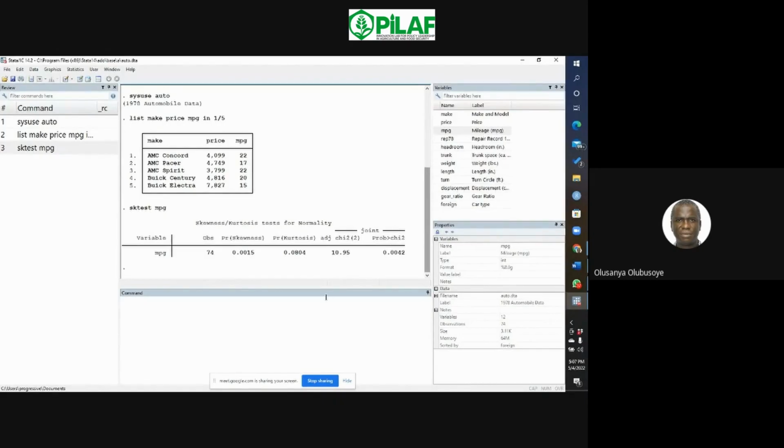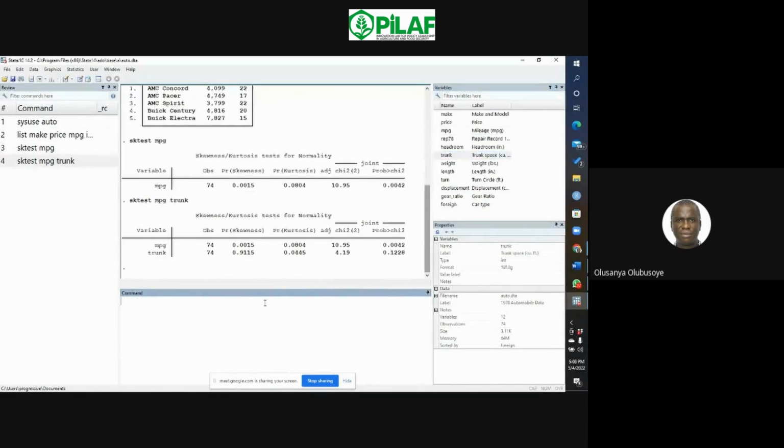So we could also, like I said, look at two continuous variables at the same time. Let me look at MPG and trunk. Again, we can see that in the case of MPG, we reject the null hypothesis, but in the case of trunk, we cannot reject the null hypothesis.